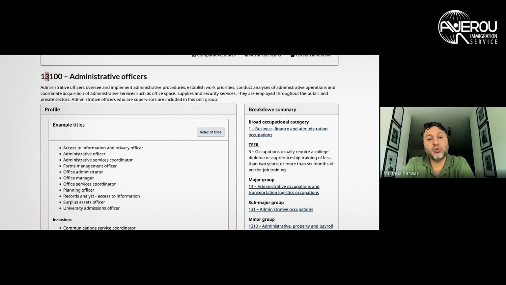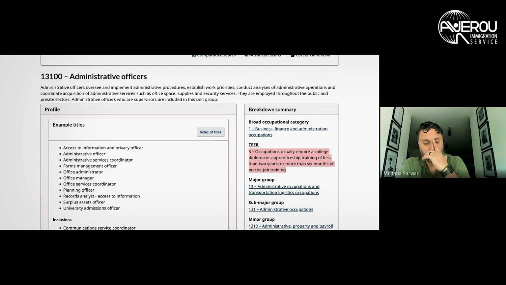The 3 tells you what tier your job is. Here, the second digit is a 3, so this is a tier 3 job, and tier 3 means occupations that usually require a college diploma or apprenticeship training of less than 2 years or more than 6 months of on-the-job training.